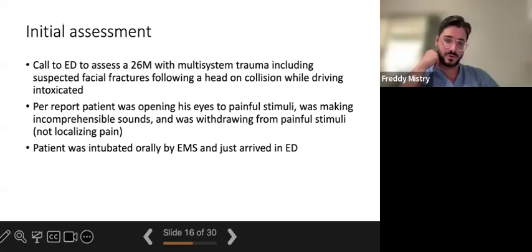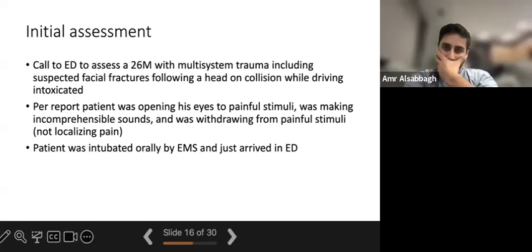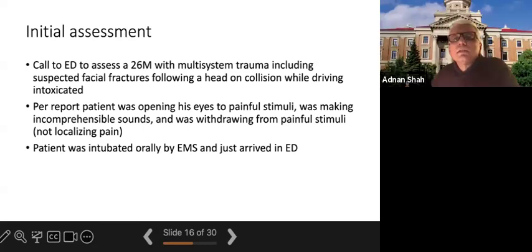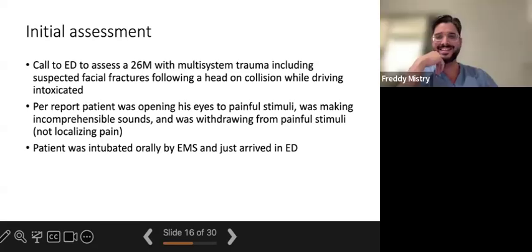And with regards to withdrawing from painful stimuli, 4. And total 8. Good, well done. So GCS 8, that's good. What are the indications of intubation in a trauma patient? A GCS of 8, intubate. What else?